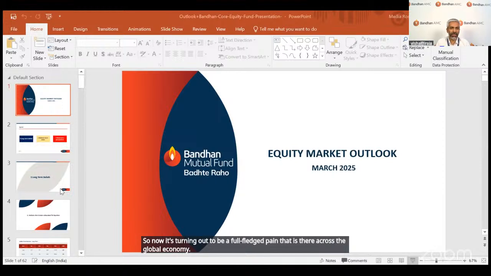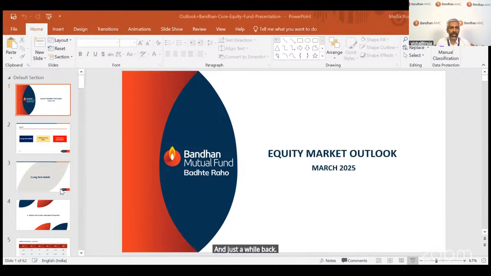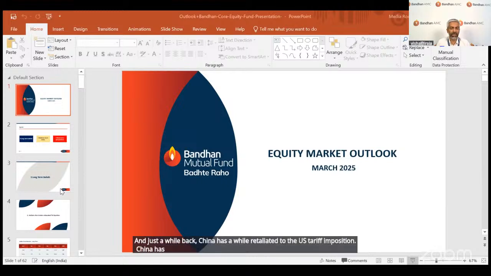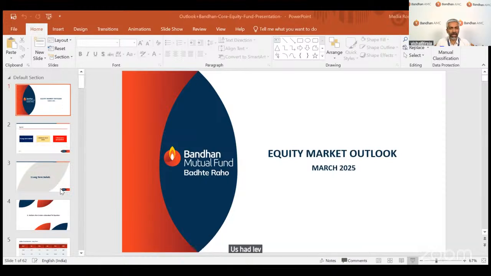And just a while back, China retaliated to the US tariff imposition. China has announced a 34% tariff on a slew of imports from the United States. The US had levied a tariff on China that amounted to 54%, and now China has retaliated with 34%.